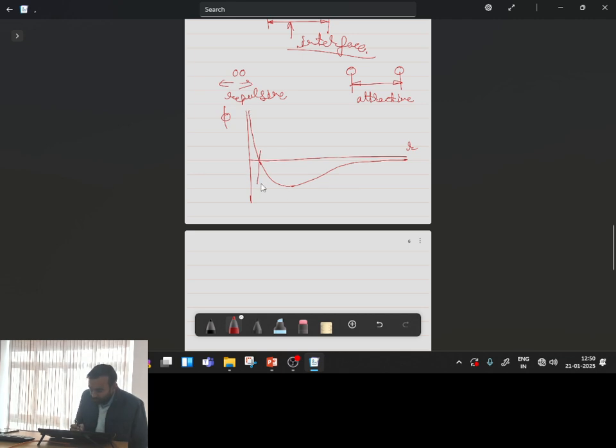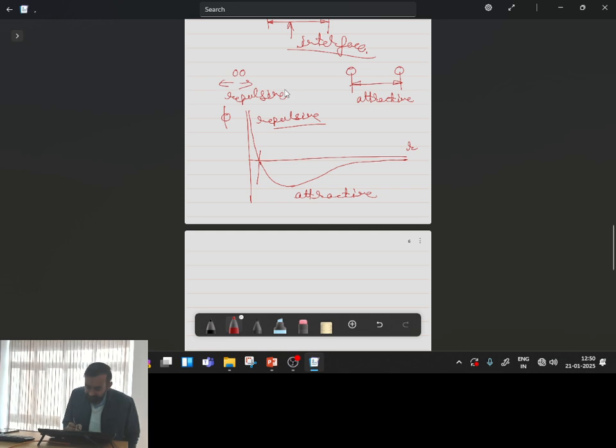So in this zone, forces are of an attractive nature, and in this particular zone, forces are of a repulsive nature. One important point is that repulsive forces come into play when intermolecular distances are very small.